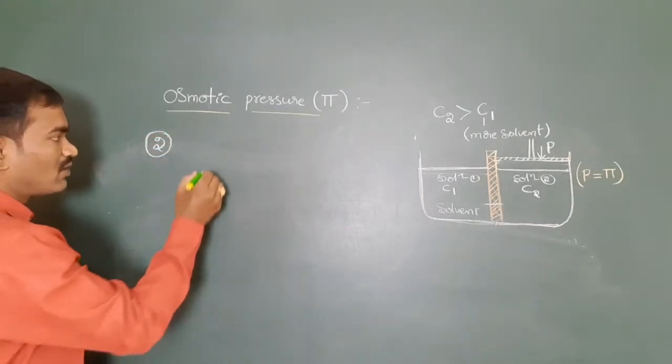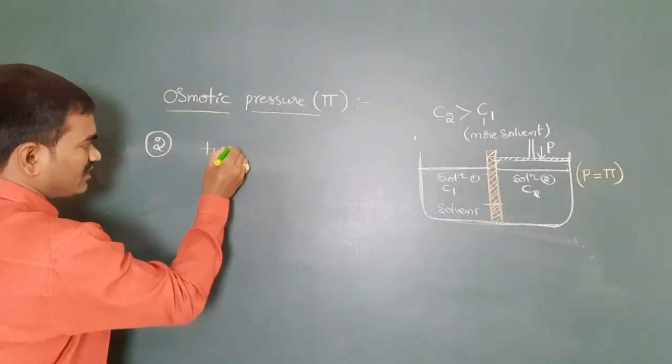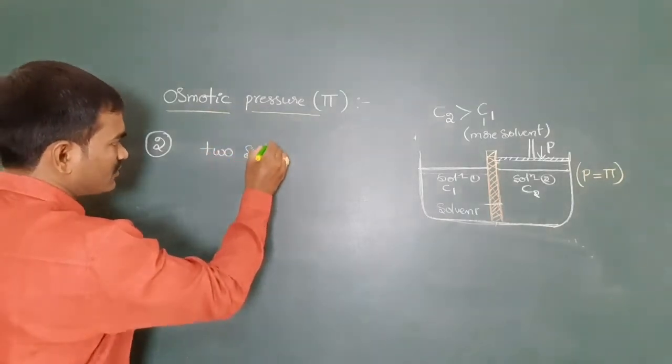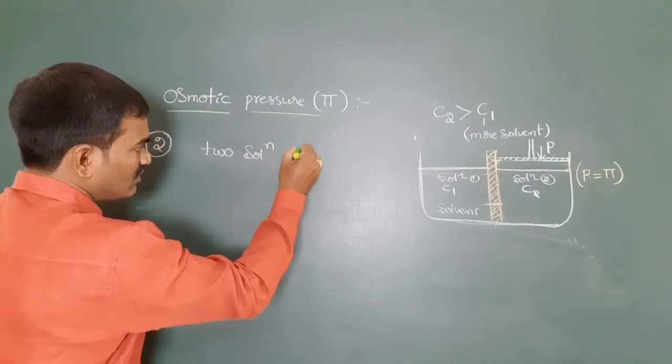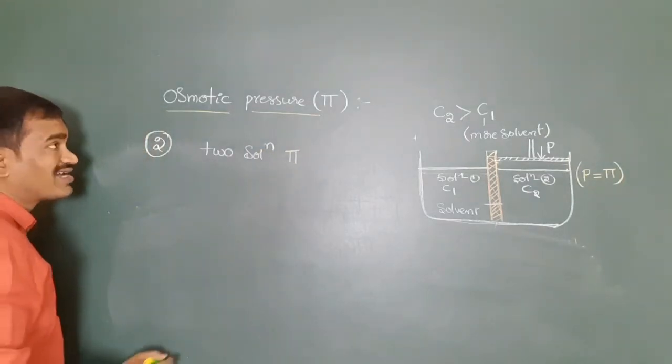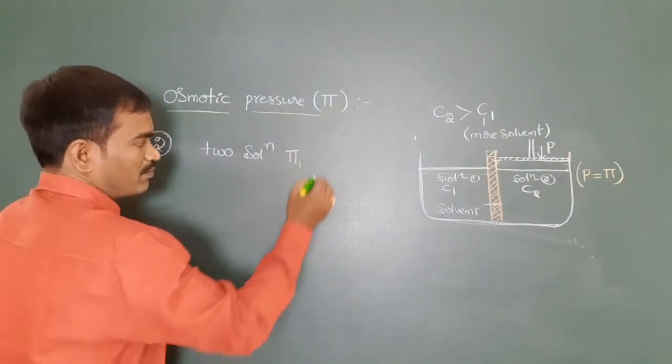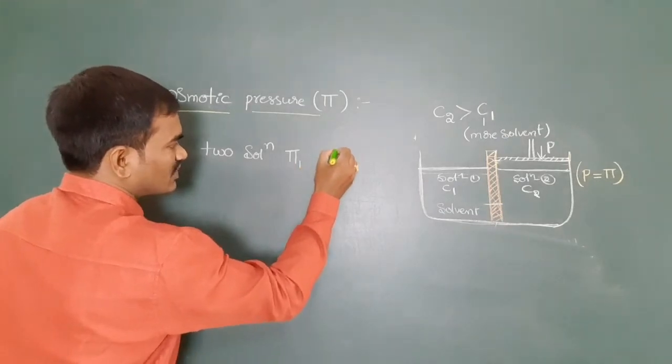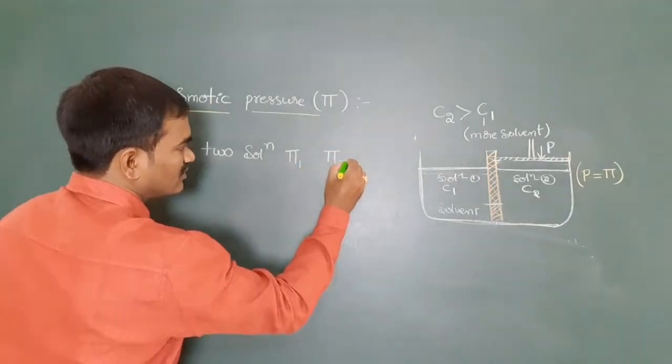I am taking two solutions. In the first solution the osmotic pressure is pi 1, and in the second solution the osmotic pressure is pi 2.